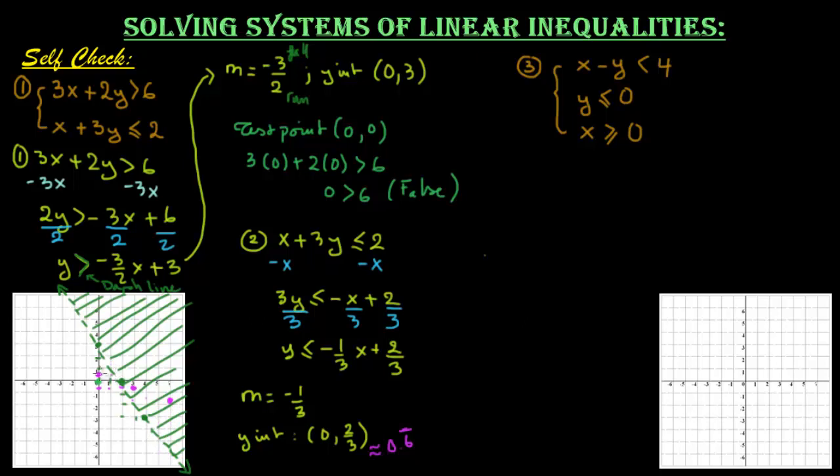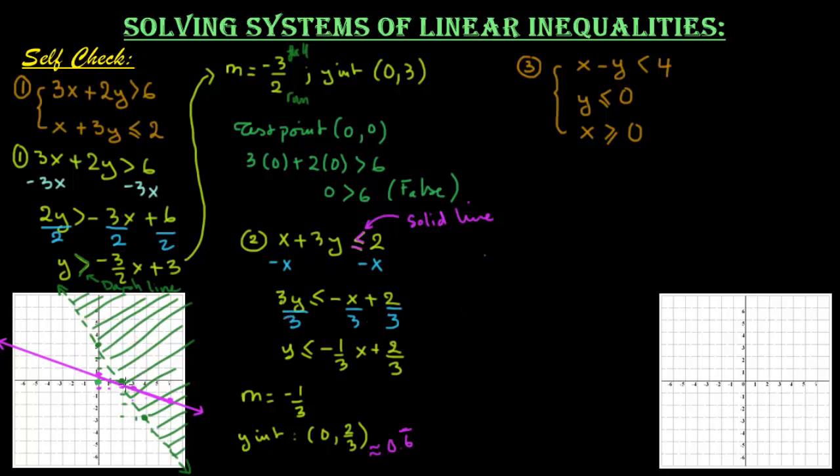My next step is to connect the 3 points together. Since we have less than or equal to, this equal sign tells me I have to use a solid line to connect them. So we use a solid line to connect the 3 dots together. Now where should we shade?